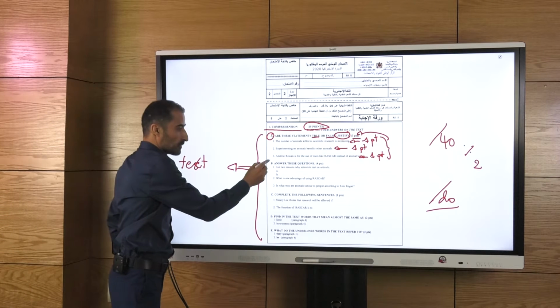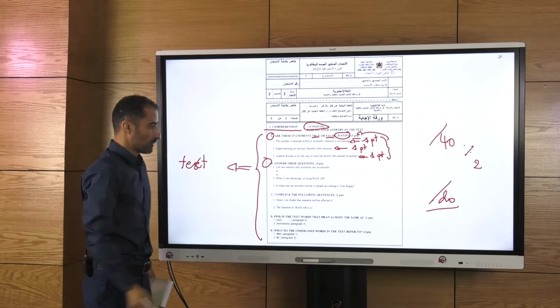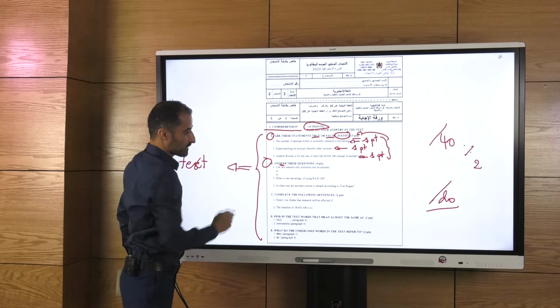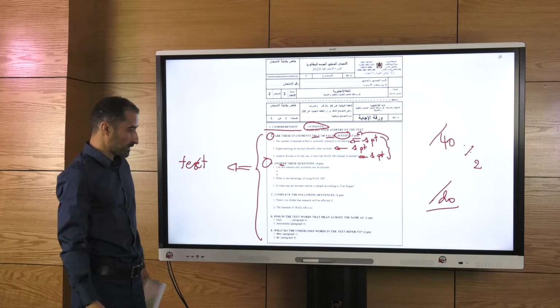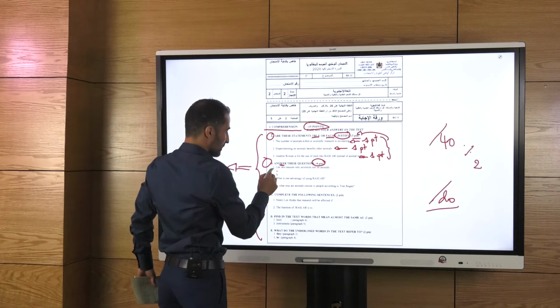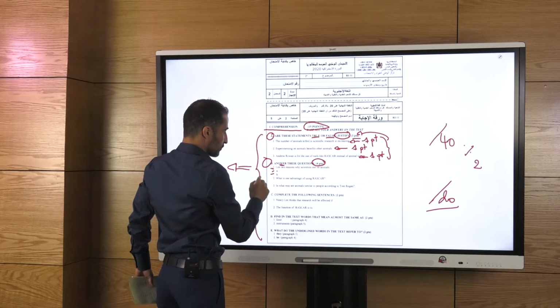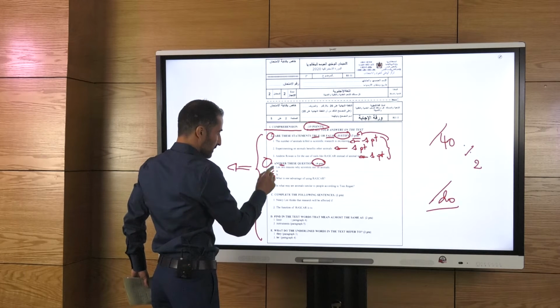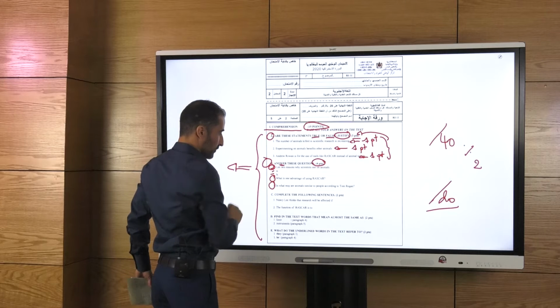Then rubric B, you have here, answer these questions. These are direct questions. You can see here that the scoring is 4 points. Number 1 is made up of 2 parts, then number 2 and number 3.